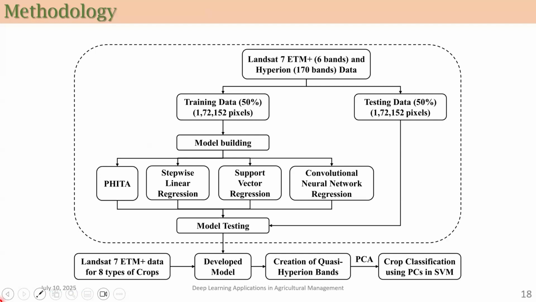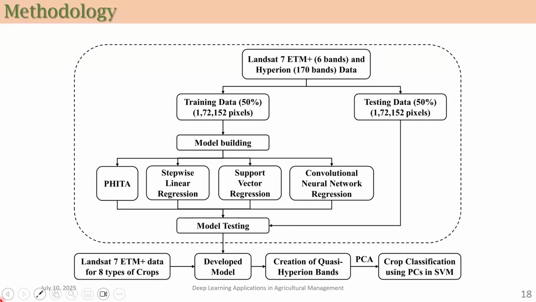Our input here is Landsat ETM data, 6 bands; the 7th band is thermal, and we did not use it. And then Hyperion data, which is about 170 spectral bands. We used about 50% for training and 50% for testing. Because it is an image with a large number of pixels, the training data is very large.